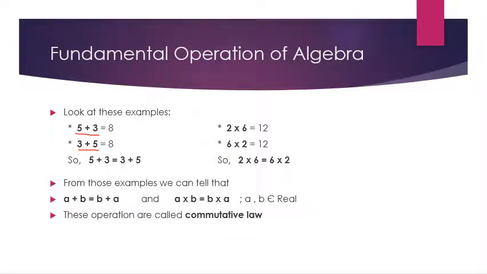From this example, we can see that for any two numbers that we add, a plus b equals b plus a, and it will also be equal where a multiplied by b equals b multiplied by a, where a and b are elements of real numbers. These operations are called the commutative law.